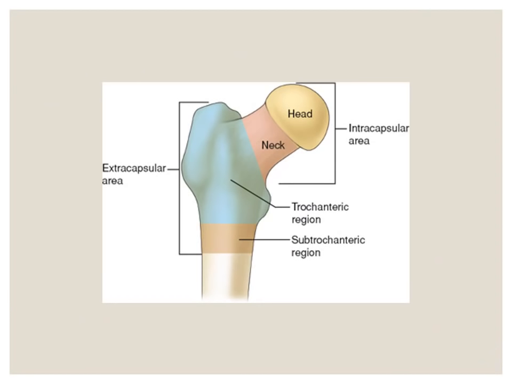There are 3 different types of hip fractures. We have fractures of that extracapsular area, as you can see there between the subtrochanteric and trochanteric regions. We also have our intracapsular fractures. These are fractures of the neck of the femur.